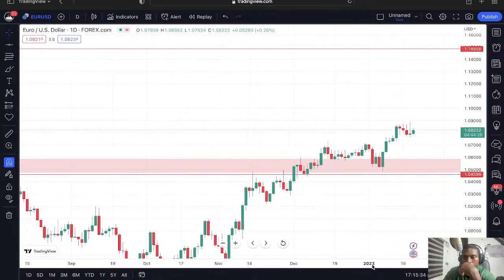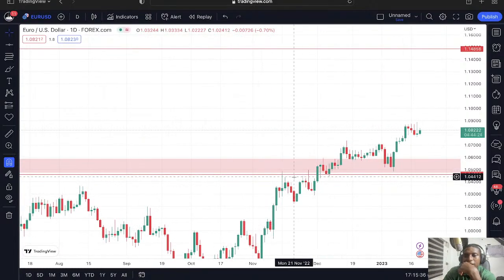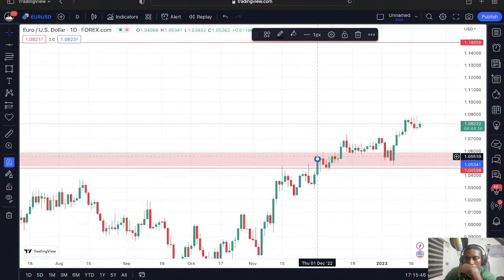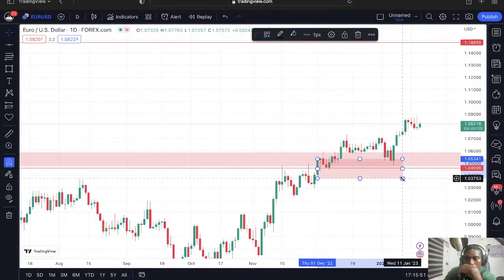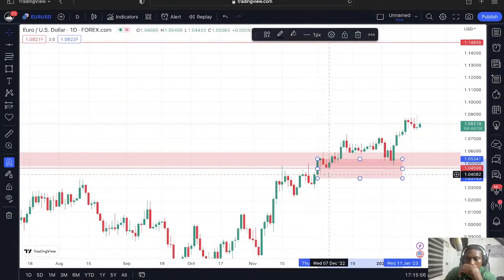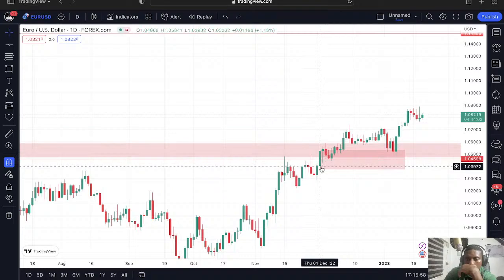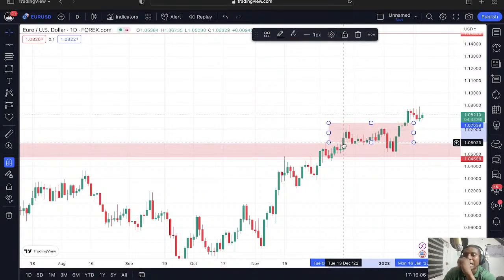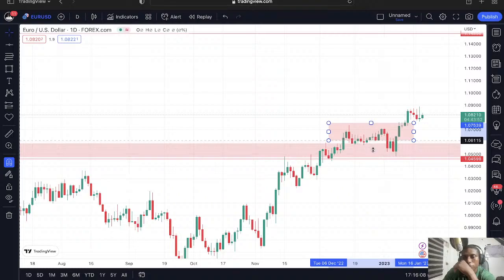Now let's go down to the daily time frame. So you can see what happened here, that price actually rallied at this level.